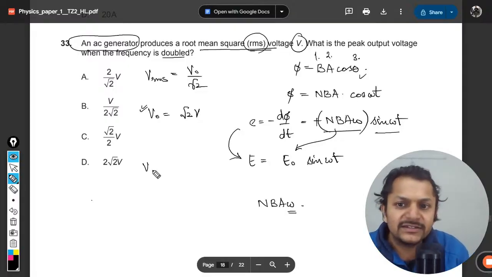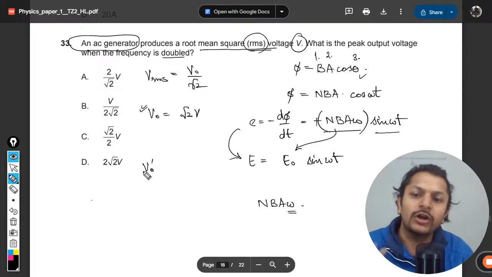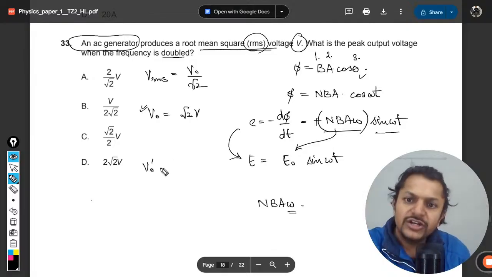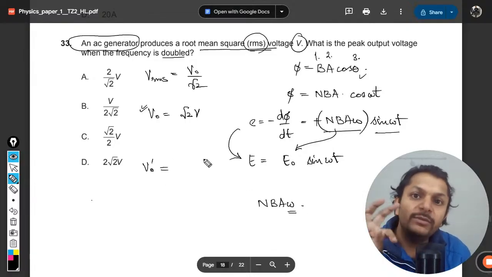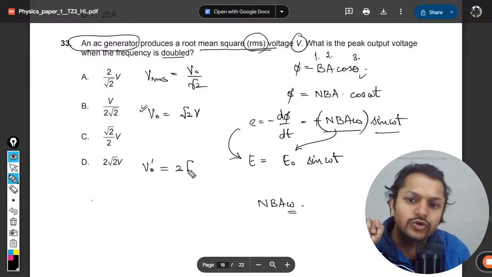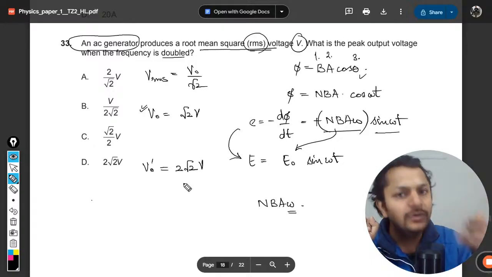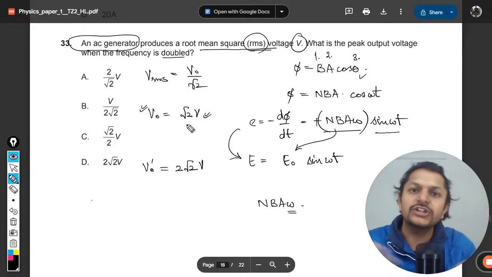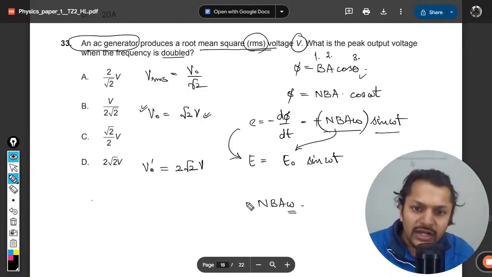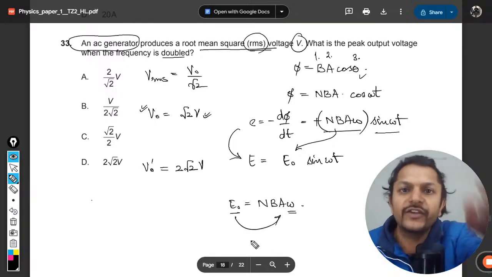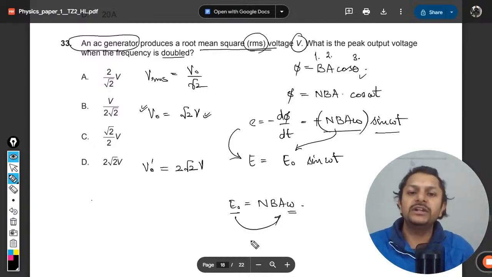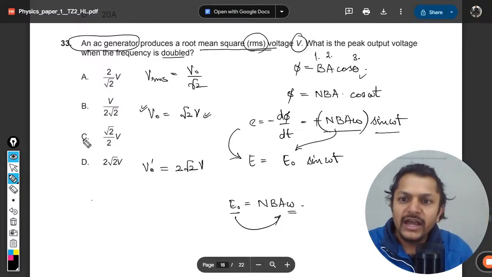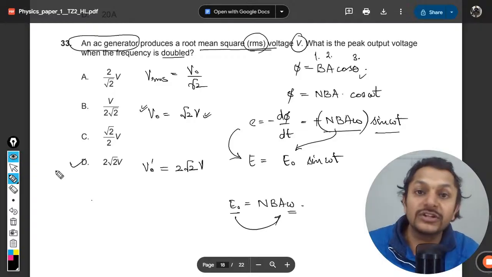So in the new case, I call it V naught dash, and it will be double of this, so it will be 2 square root 2 V. So clearly the peak value of the EMF is directly proportional to the frequency. If the frequency is doubled, the peak value is doubled, and hence our answer for this question is D.